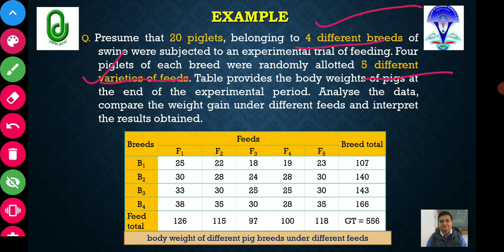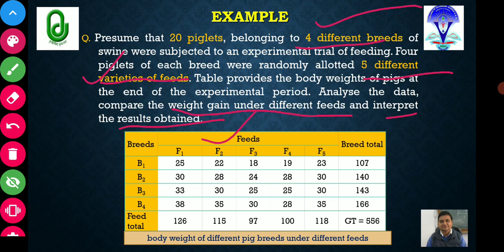Now you have to analyze the data, compare the weight gain under different feeds and interpret your result. So you have to know the effect of different feeds on different breeds even.